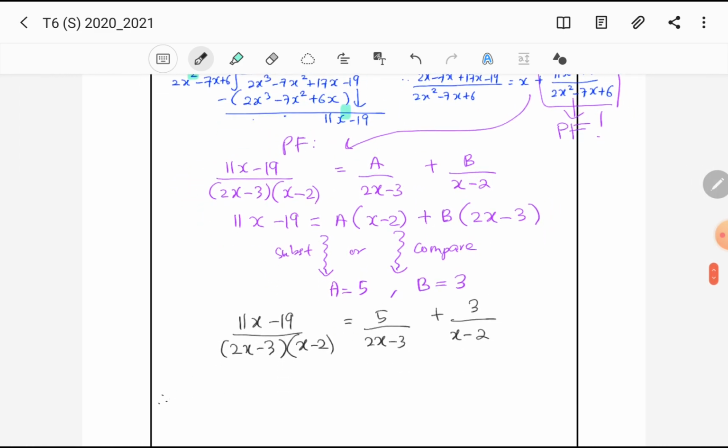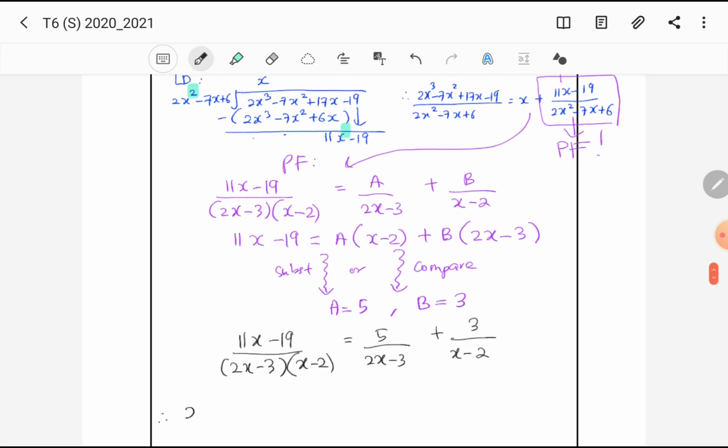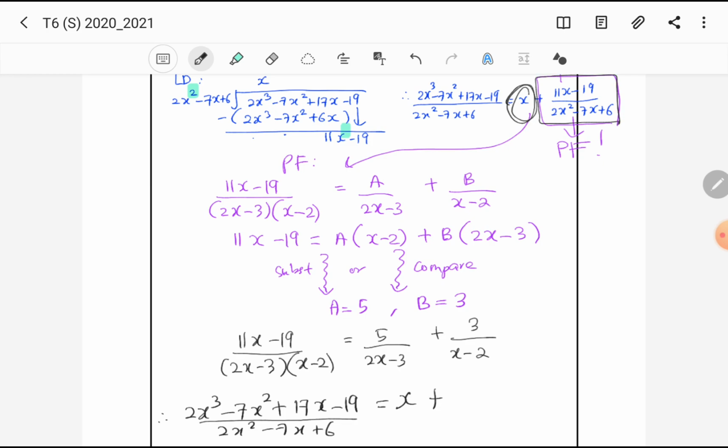So, untuk the whole fraction, the big fraction, dia akan jadi 2x cubed minus 7x squared plus 17x minus 19 over 2x squared minus 7x plus 6 equals to, okay, ni nampak tak x tu? So, kita copy x from the quotient plus, okay, yang belakang tu, yang purple tu, kita punya partial fraction.